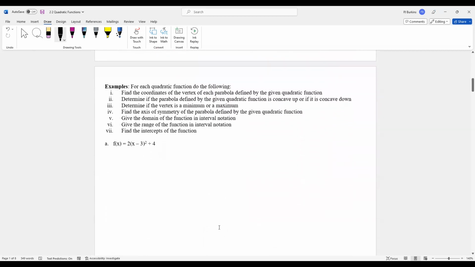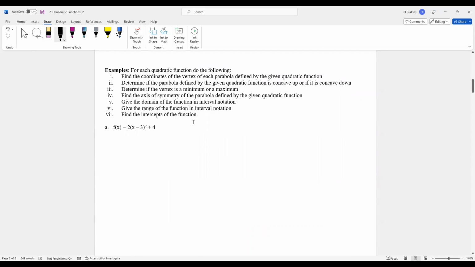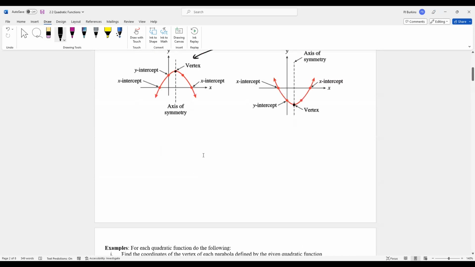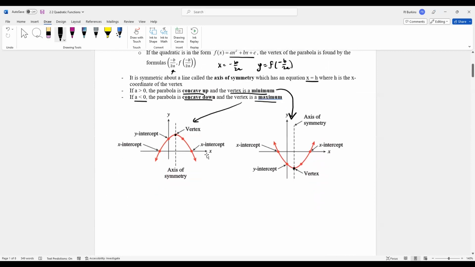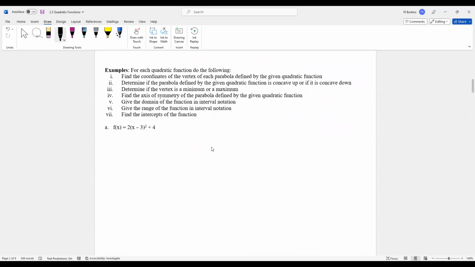So we're going to be asked to find a bunch of things for quadratic functions, both in standard form and in what I'll call the normal form, what we're used to for a quadratic. This first example here is in standard form. So remember, from above, that's a times the quantity x minus h squared plus k. So let's just jot that down here.